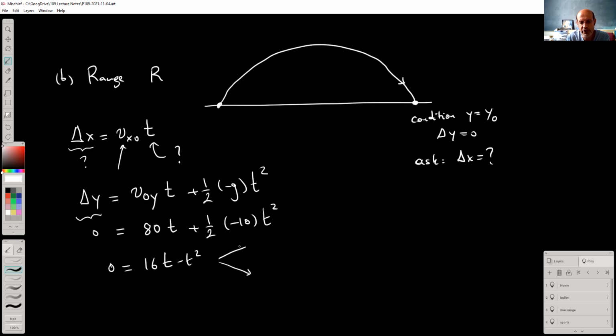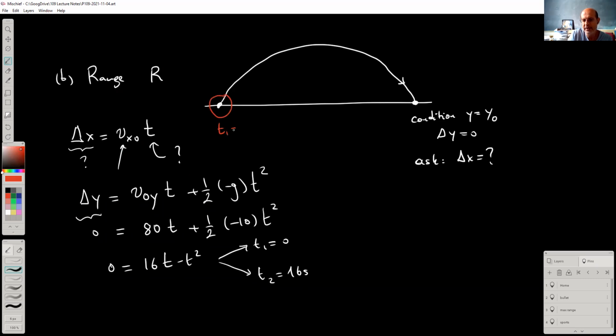There are two solutions, and both solutions have a physical meaning. The first is about finding the time when the object is at the ground level. There are two times that this happens.